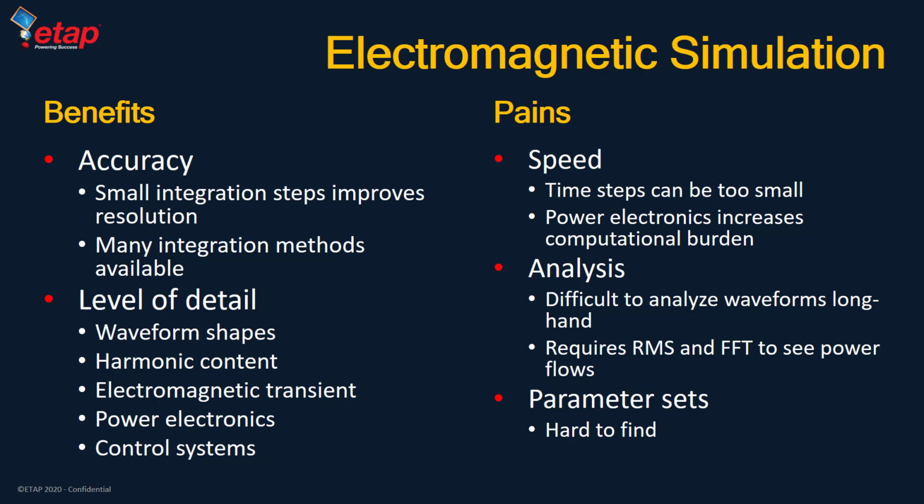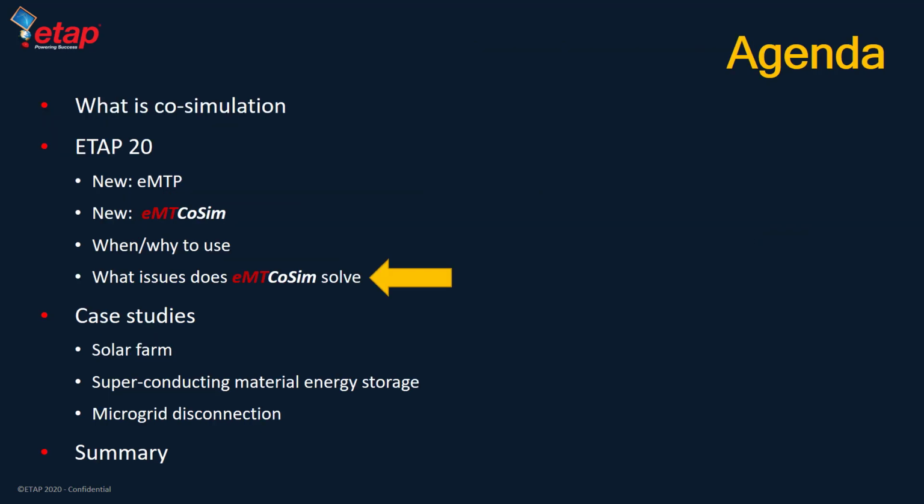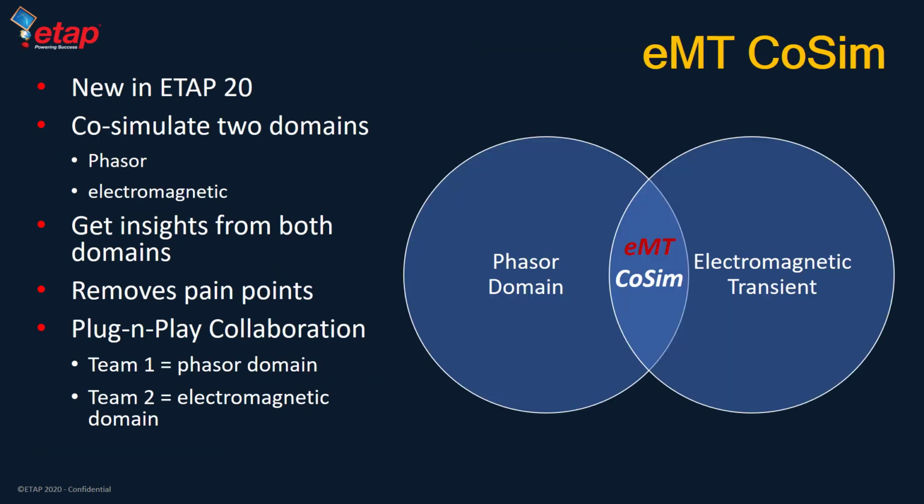Therefore, the electromagnetic transient domain trades simulation speed for accuracy. Finally, parameter sets needed for electromagnetic transient simulations are hard to find. One typically requires snubber impedances, inductance, capacitance, and other hard to find parameters, in particular for control systems tied to electromagnetic transient simulations.